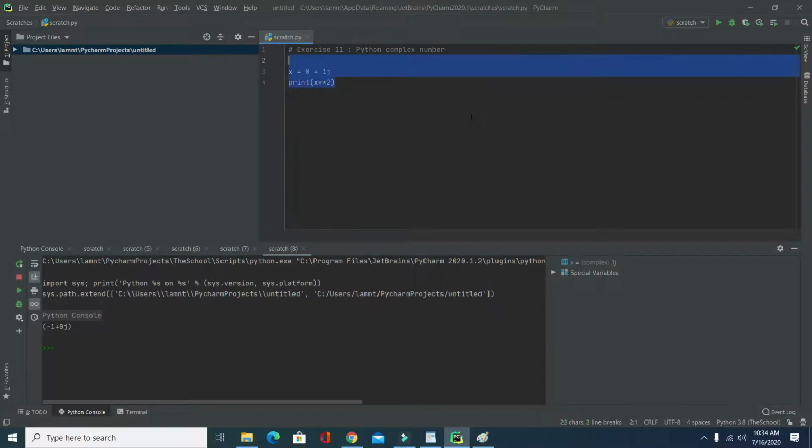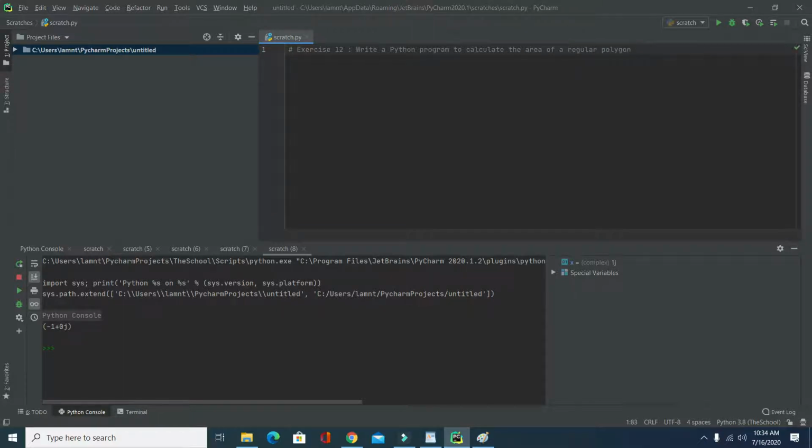Okay, so now we come to exercise 12, which is write a Python program to calculate the area of a regular polygon.